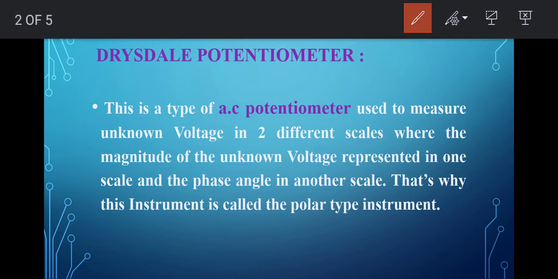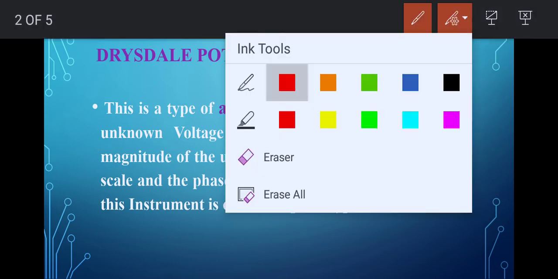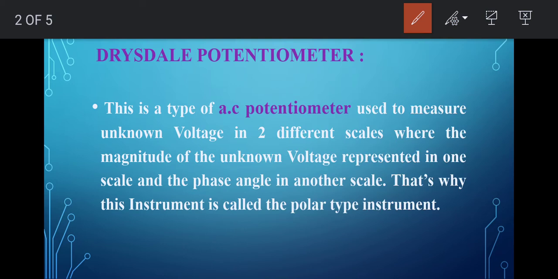So the Drysdale AC potentiometer measures the unknown voltage in two different scales, which is V angle theta. V represents the magnitude of the unknown voltage and theta represents its phase angle. That's why it is called a polar type of AC measurement, the Drysdale Polar Potentiometer.